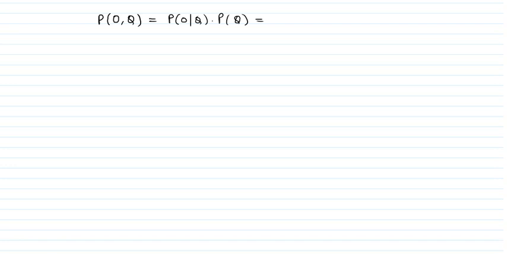Which can be written as the product of i is equal to 1 to T of P of oi given qi, multiplied by the product of P of qi given qi minus 1. Now this is incorporating the information about the states as well, and this is also i is equal to 1 to T.